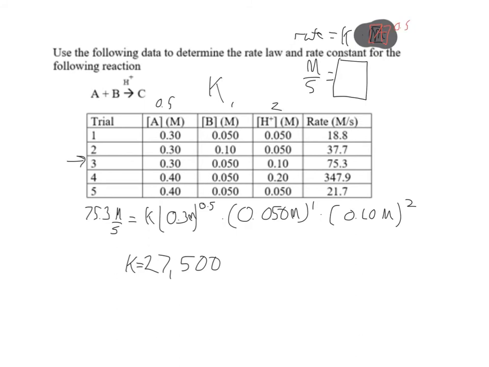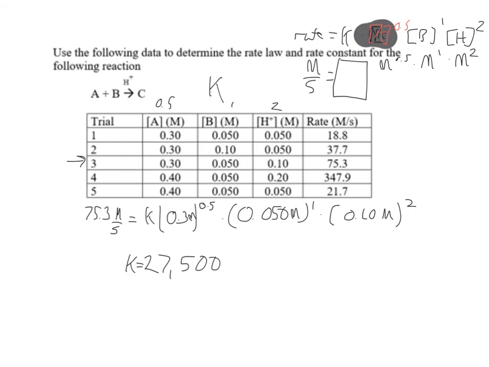And then we've got the concentration of B raised to the 1 power and the concentration of H raised to the second. So this is going to be molar to the 0.5 times molar to the 1 times molar to the 2, and this is a total of molarity to the 3.5.